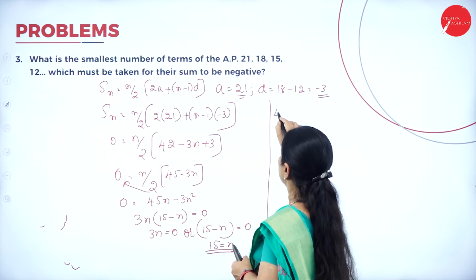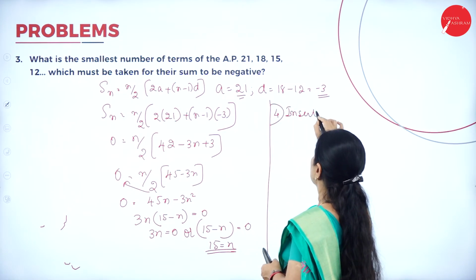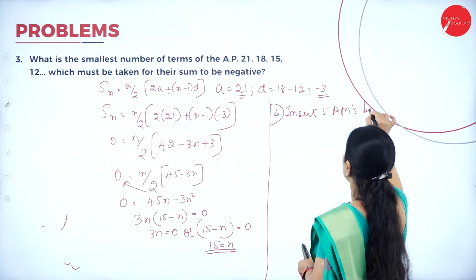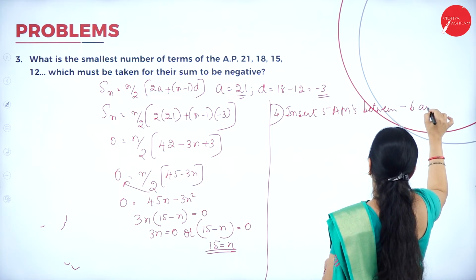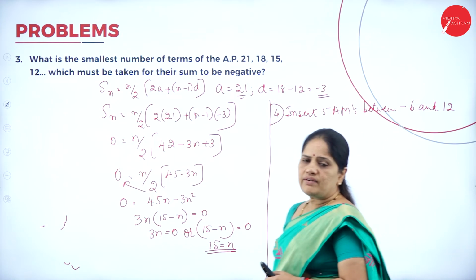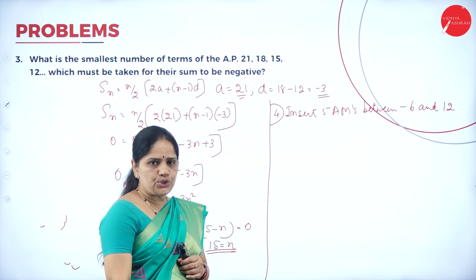Now I will write one more problem here. So the fourth problem: insert 5 arithmetic means between minus 6 and 12. So they have asked us 5 arithmetic means between minus 6 and 12.